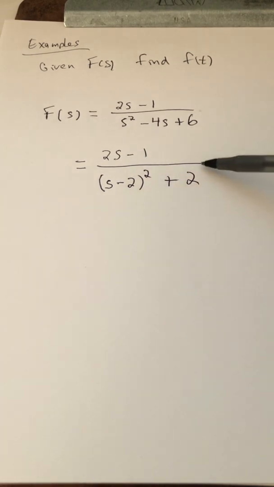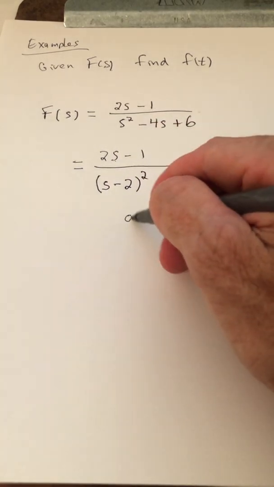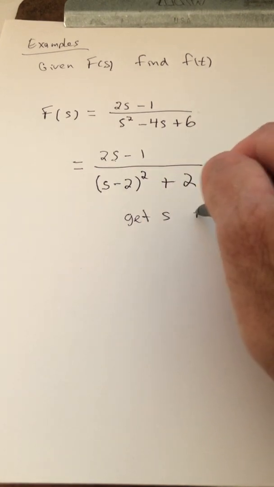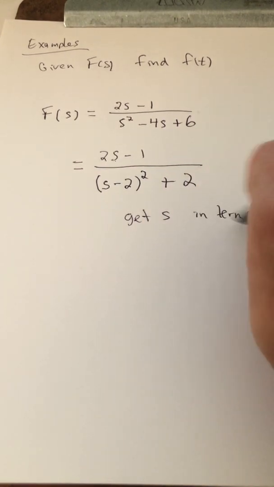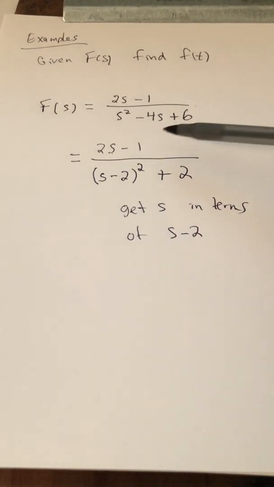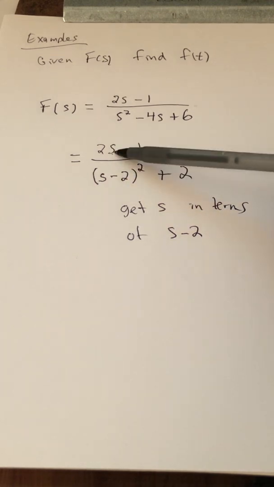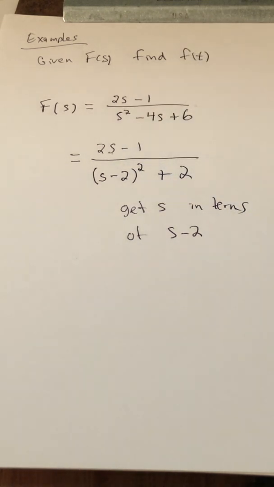In order for us to do any work here, I need to get this s in the numerator in terms of s minus 2, because I need whatever this thing here is being squared, I need that same expression in the numerator in order to make use of our table of Laplace transforms, along with operational properties.